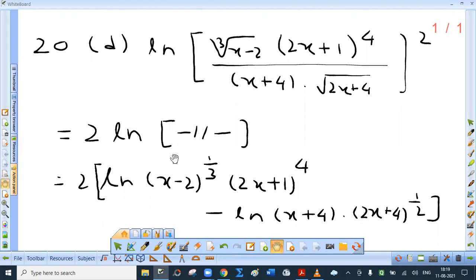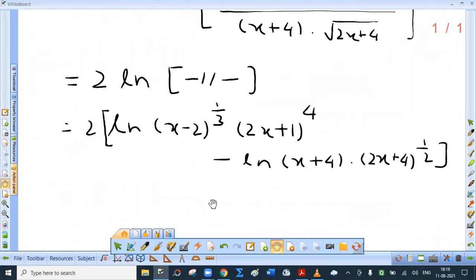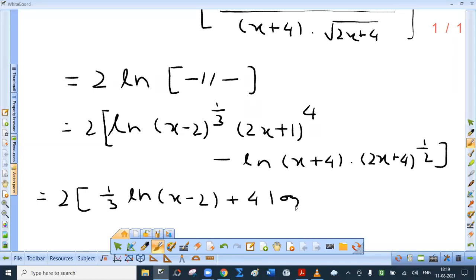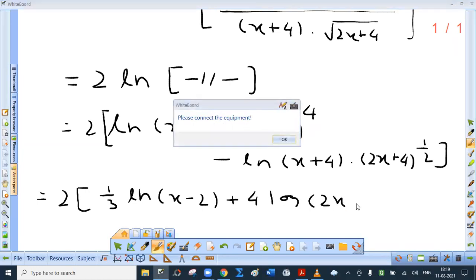Why? Because I already told you that log of m upon n is log m minus log n. Now here I'm going to write twice. Here I'll omit one step. I'm writing this directly. It is 1 upon 3 log x minus 2 plus 4 log of 2x plus 1.